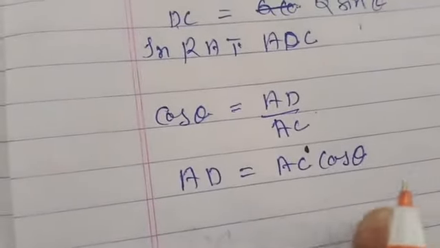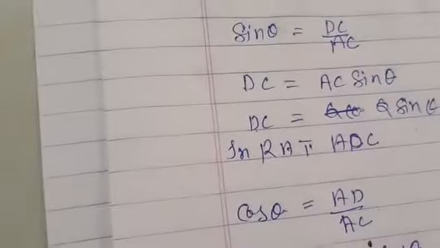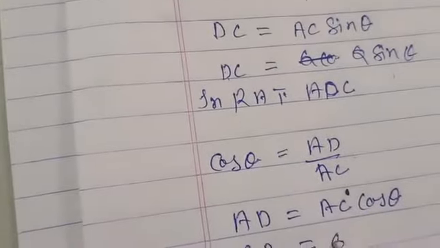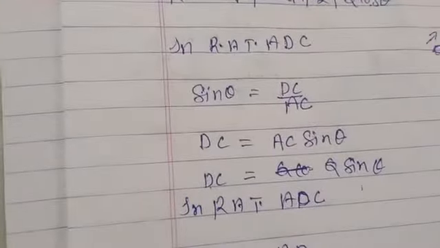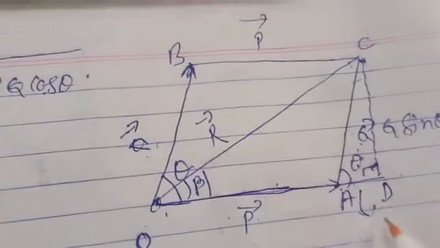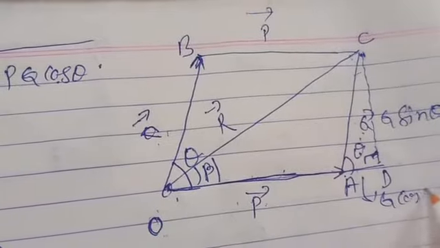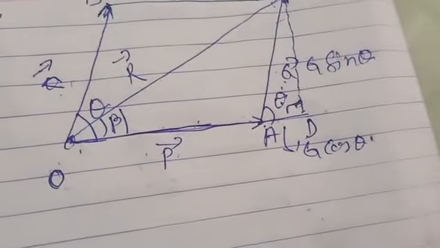Now AC is equal to Q, so AD is equal to Q cos theta. This is Q cos theta.